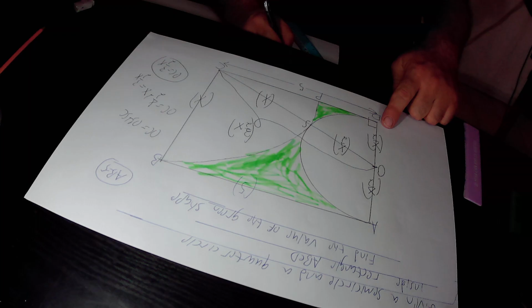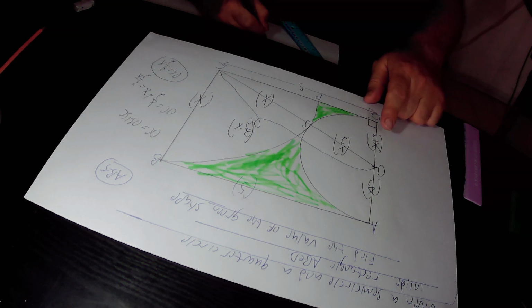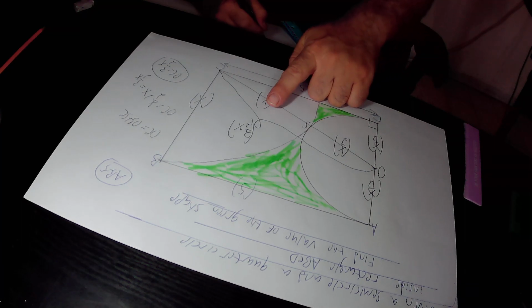OD equals x over 2 units in its length, DC equals 5 units in its length, and we just found out that the length of the hypotenuse OC equals 3 over 2 times x units in its length.